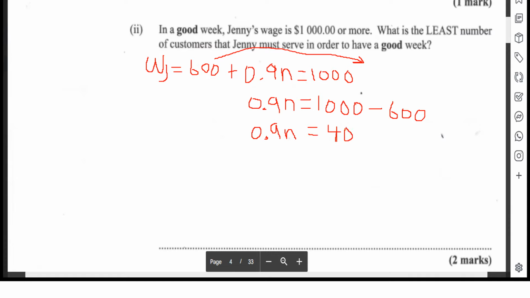And then we divide both sides by 0.9. So we divide this side by 0.9, and we also divide this side by 0.9.